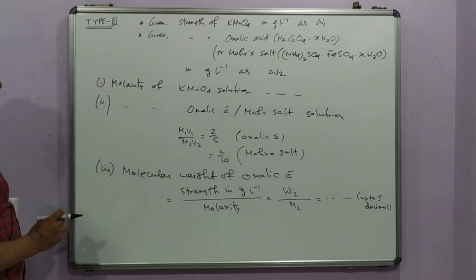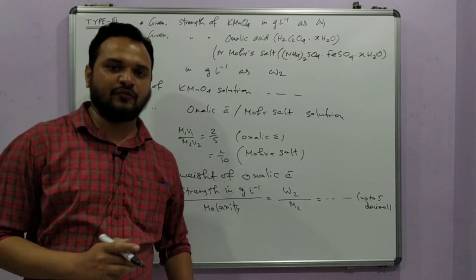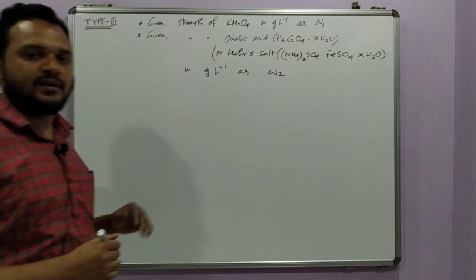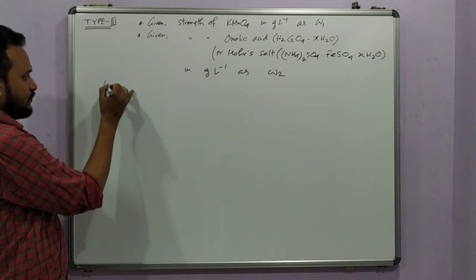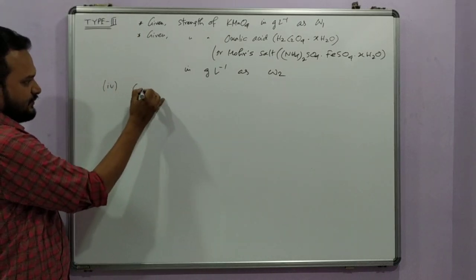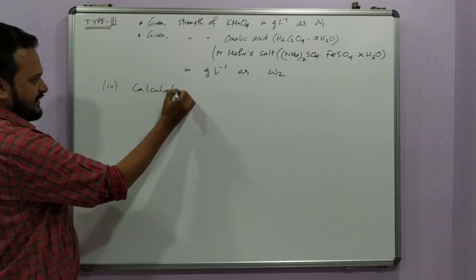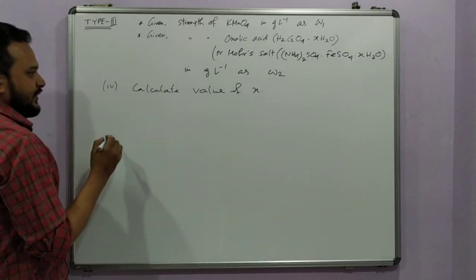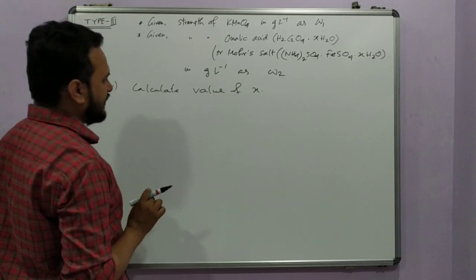Now the fourth one, that is calculating the value of X. The molecular weight you have determined in question number 3. So question number 4 is calculate the value of X. Here the equation is for which you will get half marks.